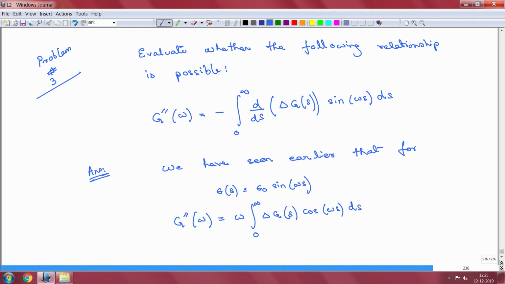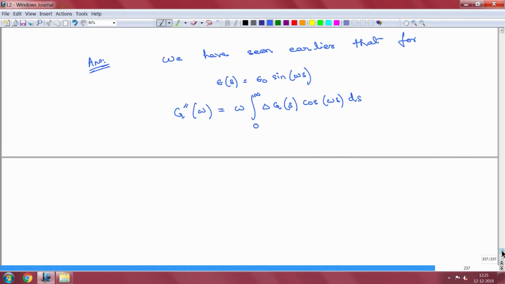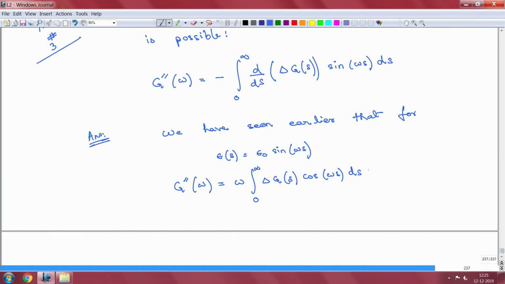This is something that we have already seen before. So, in a sense we are asking whether this particular integral is the same as this particular integral over here.